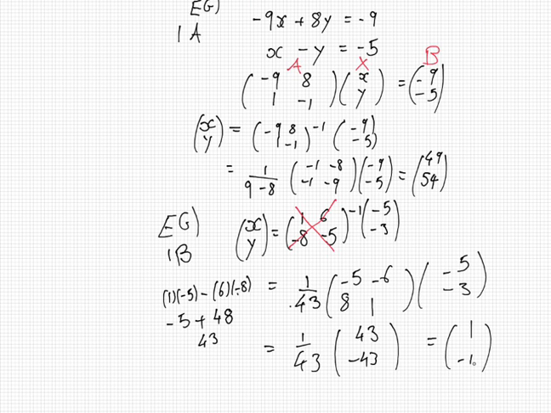You see at the top there, the minus 9x plus 8y and the x minus y. It is very, very important that the x and the y line up. So you see how my x is above an x and a y is above a y? It must be like this. You cannot have x, y, y, x. If you do, you have to swap them.